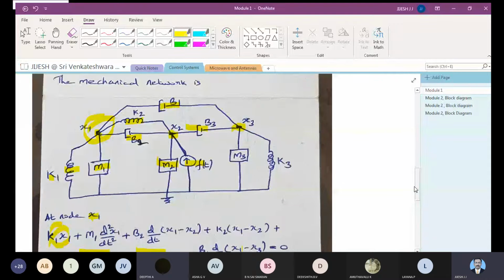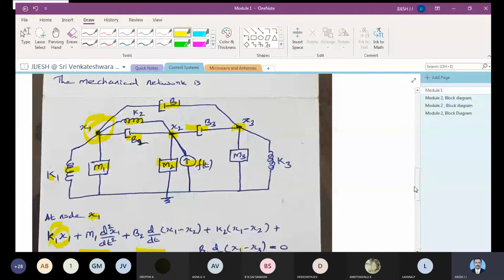X2 will become E2, and F of T will be I of T. And between E2 and E3 we'll have R3. B3 will become R3.